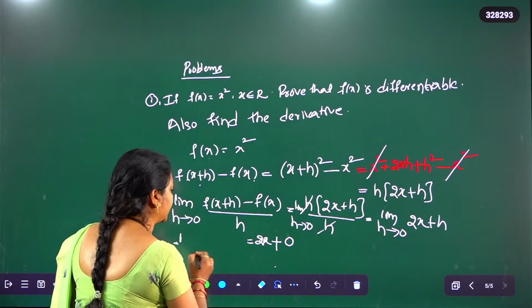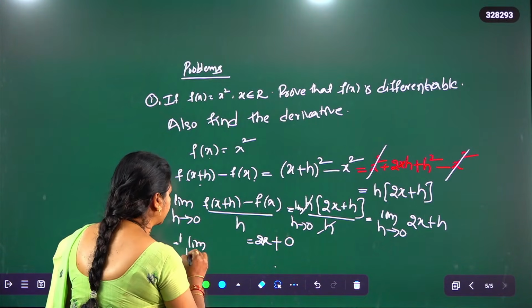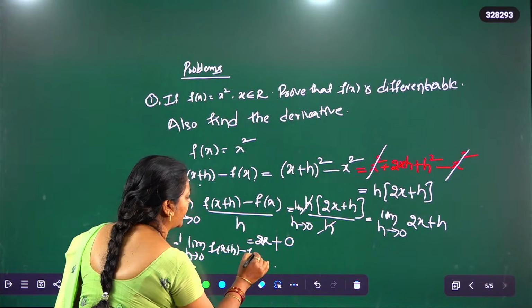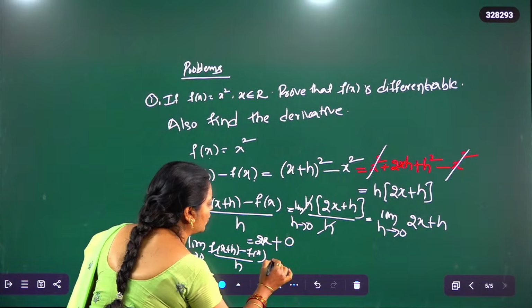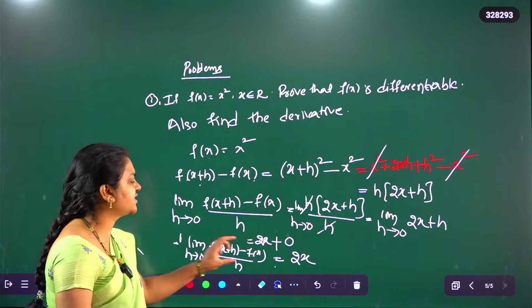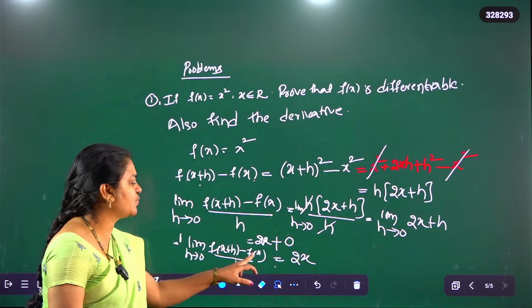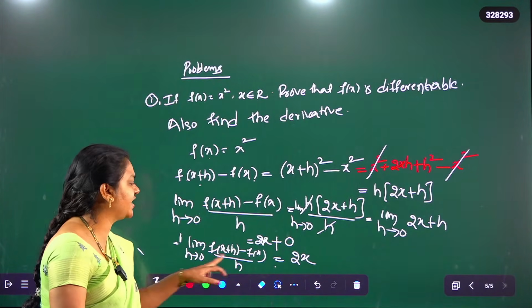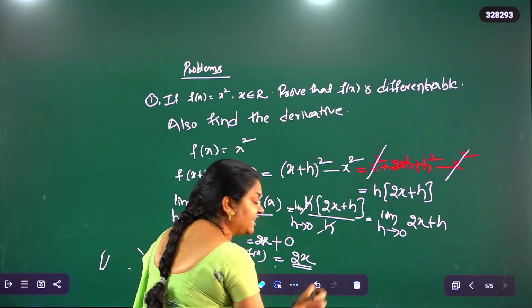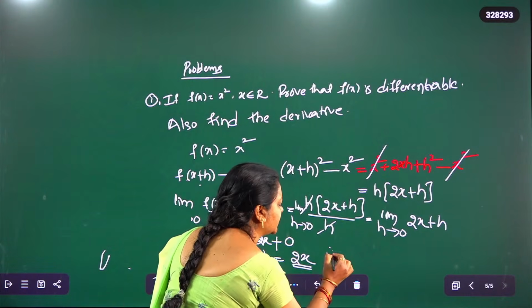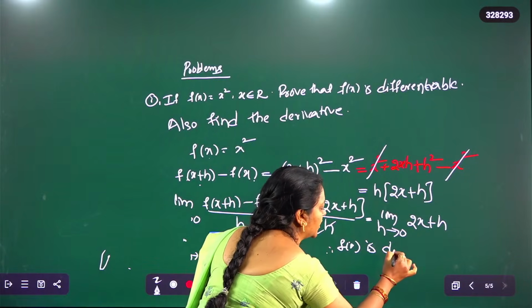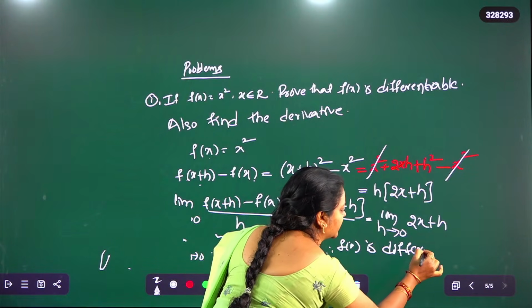So limit h tends to 0, f of x plus h minus f of x by h, this value we got as 2x. That means after applying the limit we got the value 2x. So if we are getting a value, that means the limit is existing. Therefore, f of x is differentiable. If we get the limit, then it is differentiable.